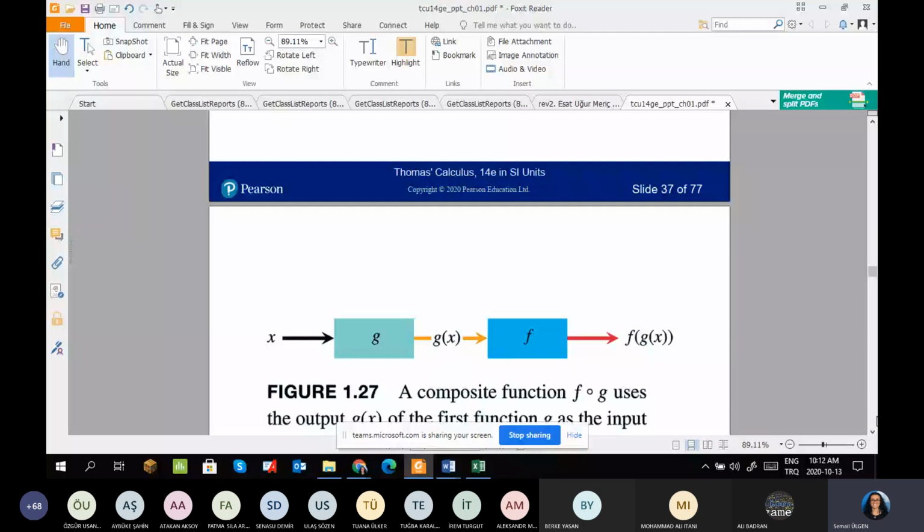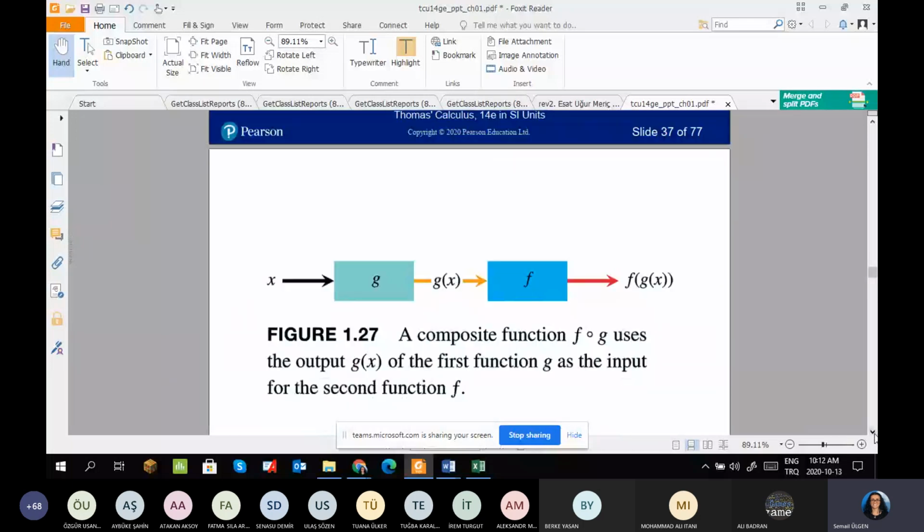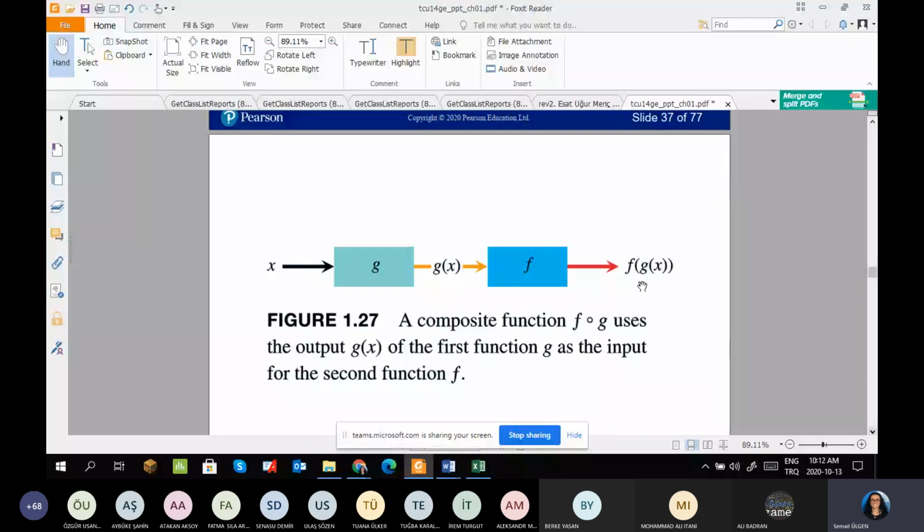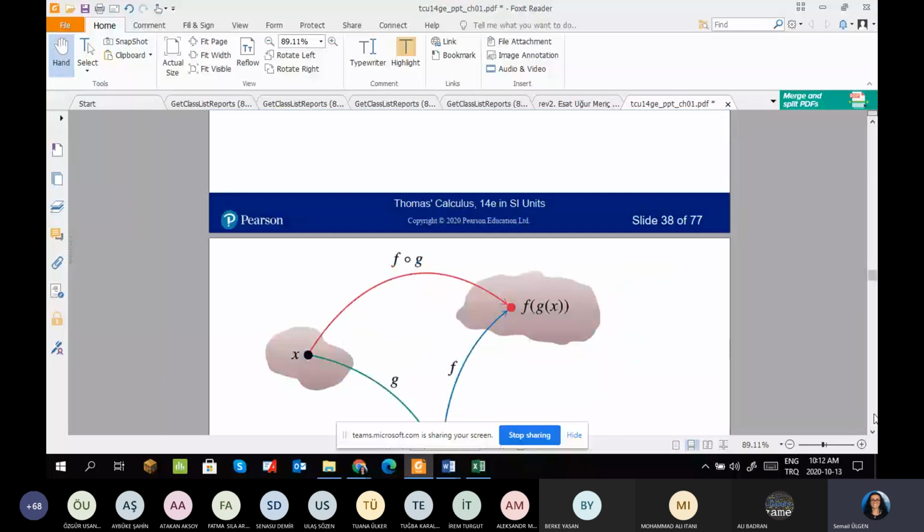For example, let's say x is in the domain of g, but you're composing it with f, so this would mean the range of g has to be inside the domain of f to do that operation. The output of g has to be inside the domain of f. That's important.